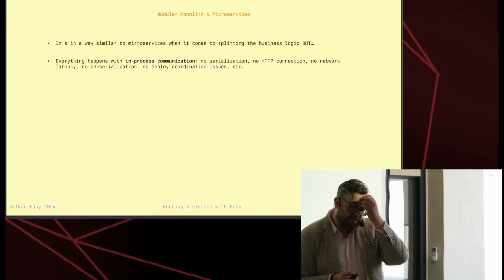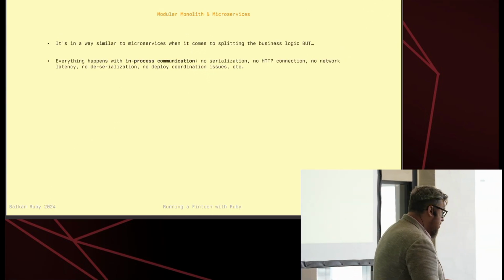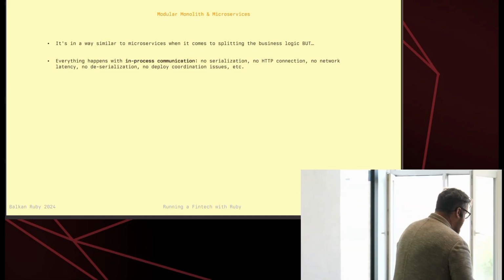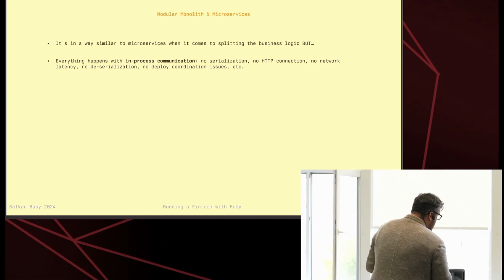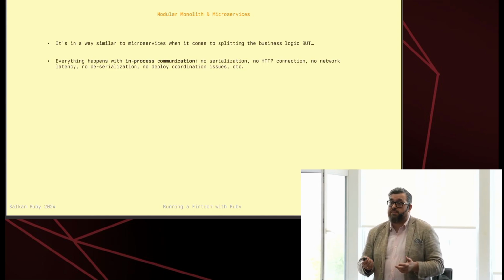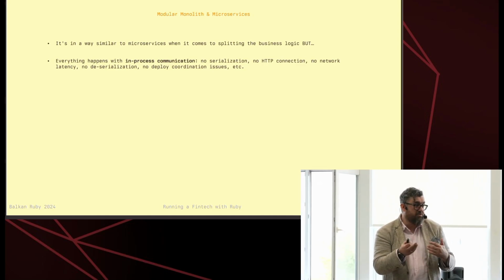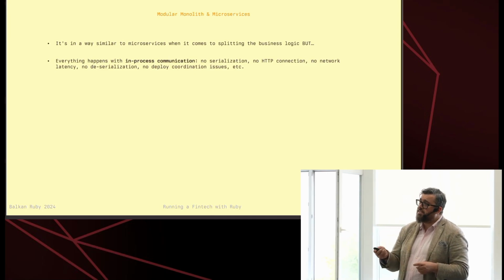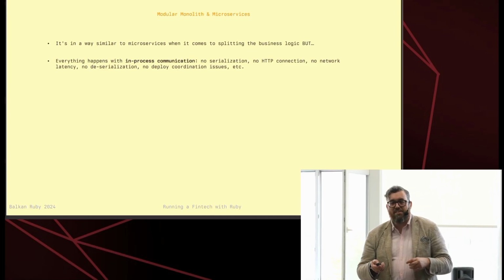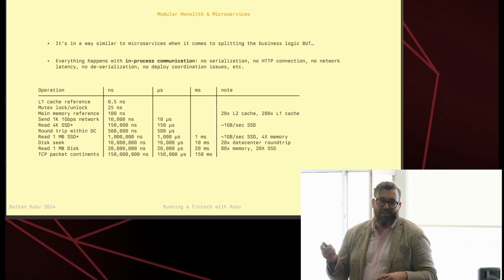So what is the difference between a modular monolith and what has been so in fashion for the last 10 years, microservices? Well, the most obvious thing is that there is basically in-process communication. There are no HTTP connections or interchange or communication. And that is something that bears reminding very often.